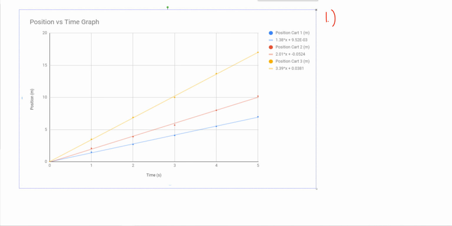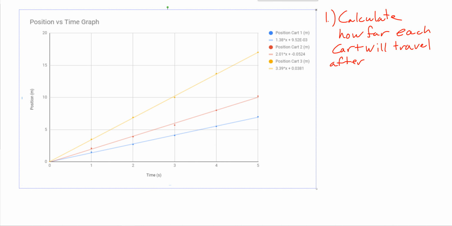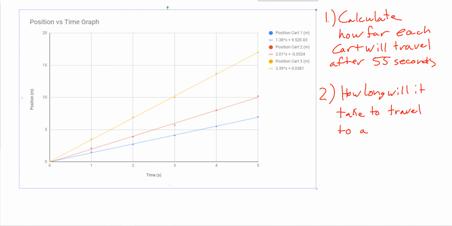Using this graph, okay, give you a few minutes to see if you can do 1 and 2.